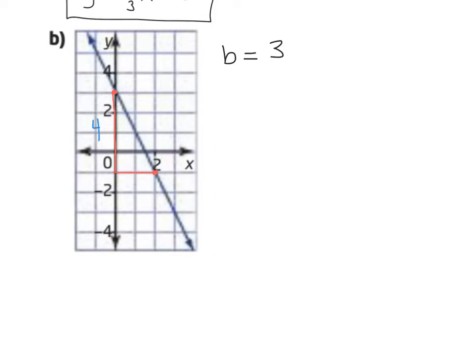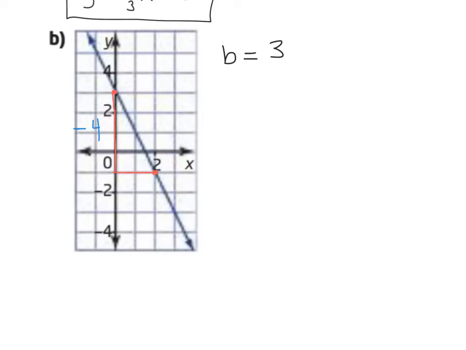Now, the next thing you want to determine is whether this is going to be a positive rise or a negative rise. You can determine that by looking for the direction. This particular graph has a line that is sloping downwards. If I go from left to right, the line runs in a downwards direction. The minute you notice that your line is going in a downwards direction, you need to make your rise value a negative value.